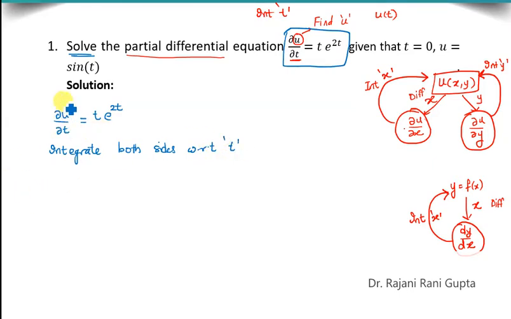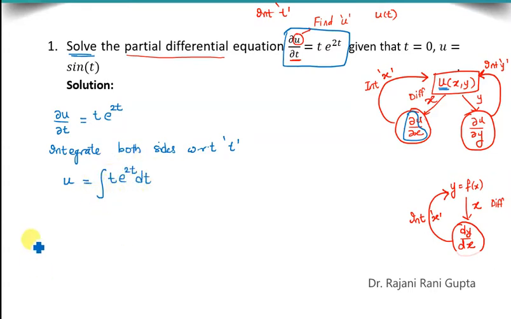When we integrate both sides with respect to t, as we saw, if we have the derivative of u with respect to x and we integrate it, we return back to u. So u is equal to the integration of the right hand side, t e power 2t dt.